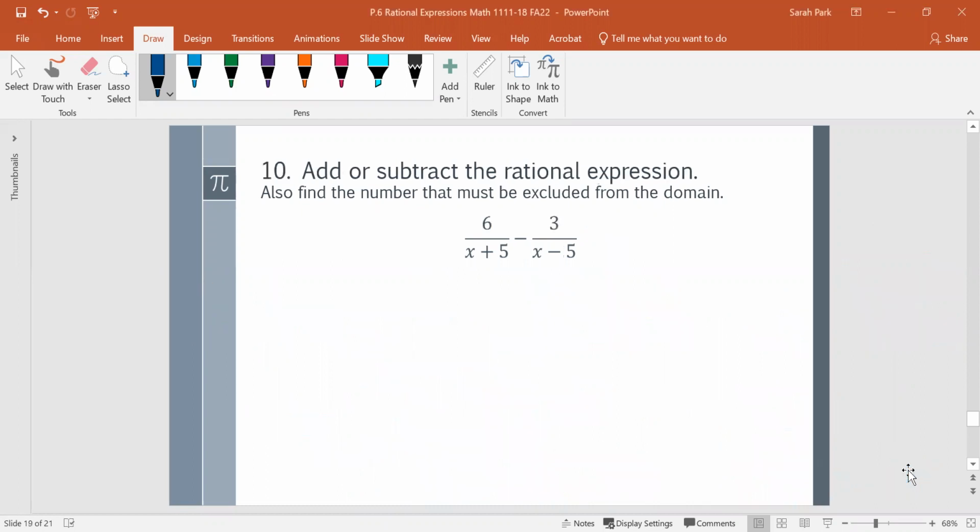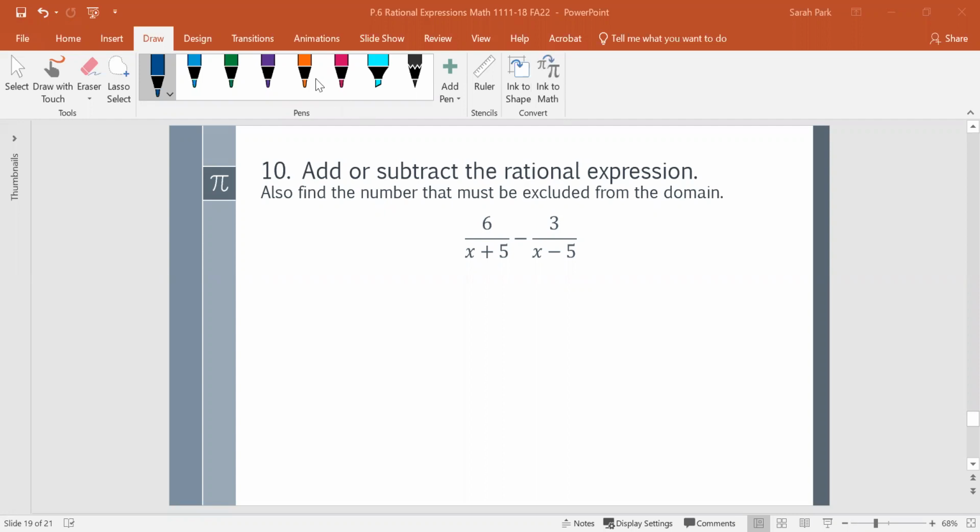Okay, let's do some more practice because I think it's good to practice lots of problems. Okay, so 6 over x plus 5 minus 3 over x minus 5. Let's see here. They have different denominators, so we have to make sure they have common denominators first.